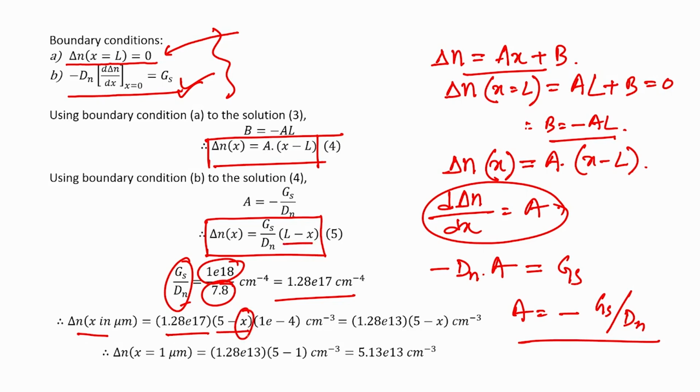We have constructed this expression in such a way that x is in micrometer, so you have to convert this into centimeter in order to get the whole expression in per centimeter cube value. Normally we express any concentration as per centimeter cube. So I have converted micrometer into centimeter by multiplying with 1e minus 4. So this is the final expression where x is in micrometer. Now you just plug in x equal to 1 micrometer and you will get the excess electron concentration at x equal to 1 micrometer.